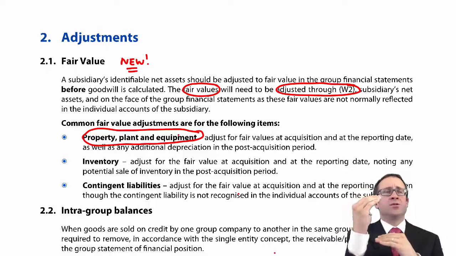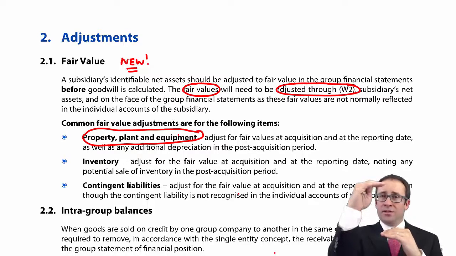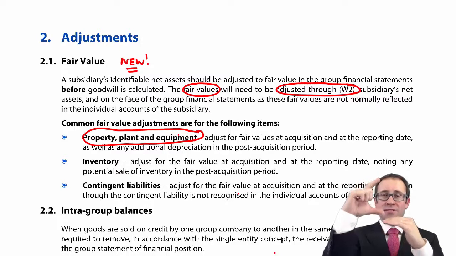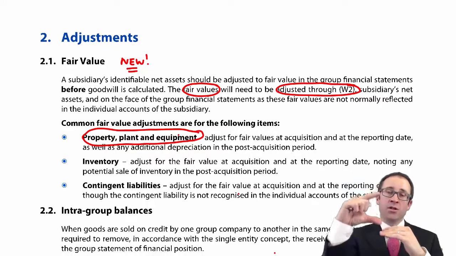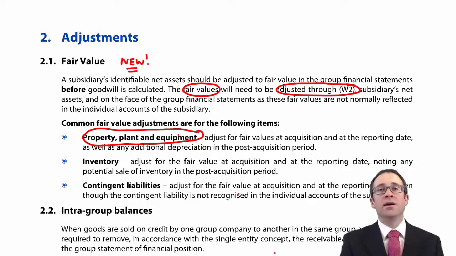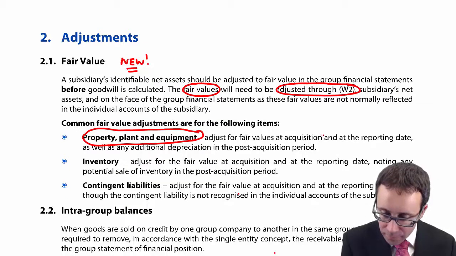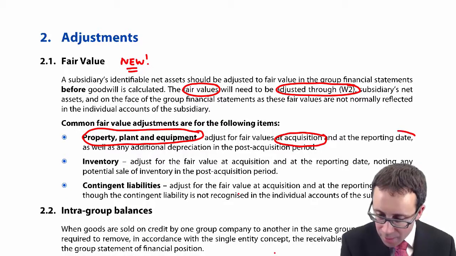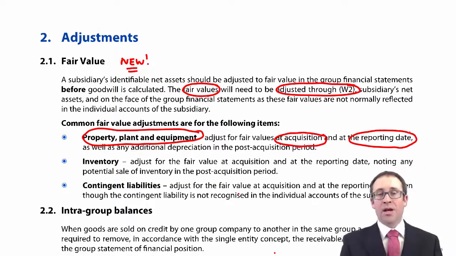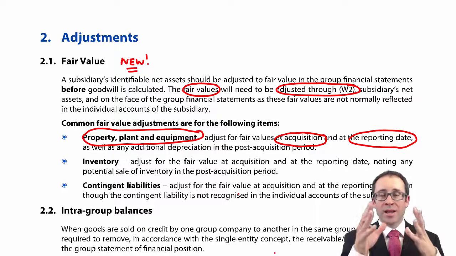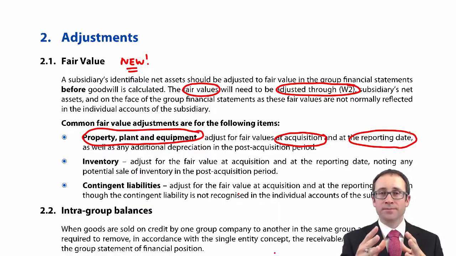If I have an asset that's worth 10 million, so that's its fair value of 10, and the book value is 8, then the difference is 2 million, isn't it? So that's the 2 million fair value adjustment that goes in working 2. It goes in at acquisition, and it also goes in at the reporting date. It will be the same at the reporting date unless you are told otherwise.